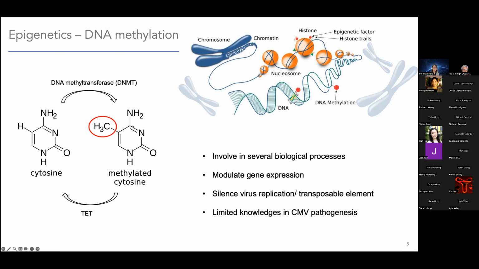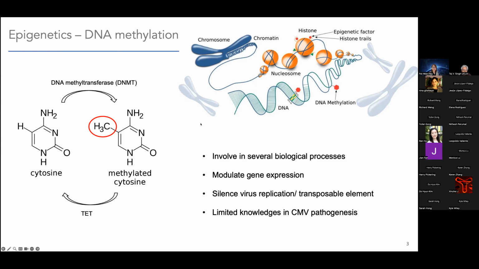This methyl group is added by a group of proteins called DNA methyltransferases, DNMT for short. And this DNA methylation process can also be reversed, or oxidized, by another group of proteins called ten-eleven translocation, or TET. This is an example in human and mouse, like mammalian cells. In other organisms, they might have different groups of proteins to do this process.